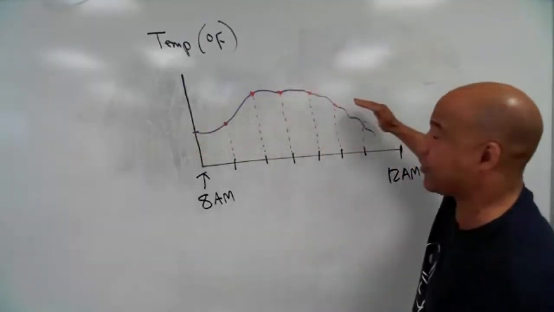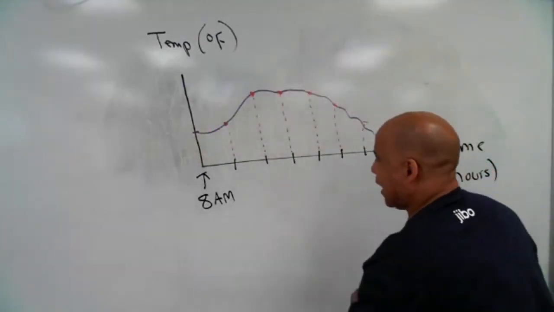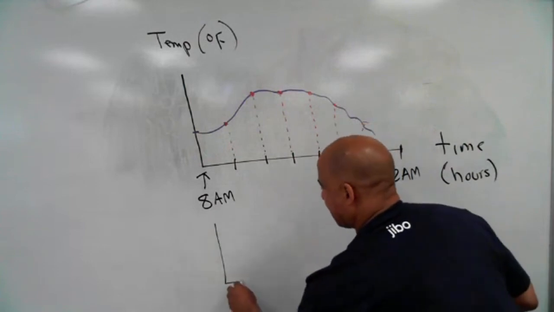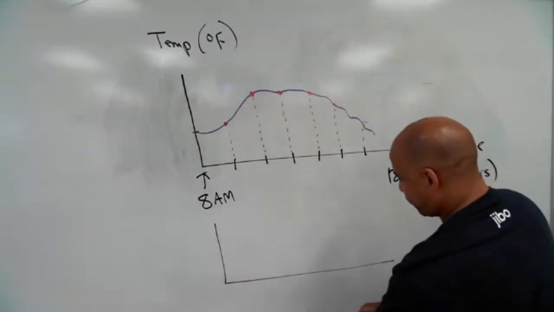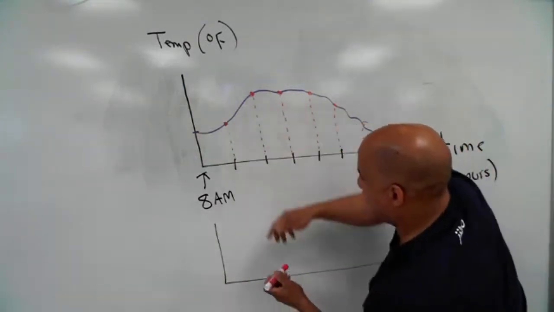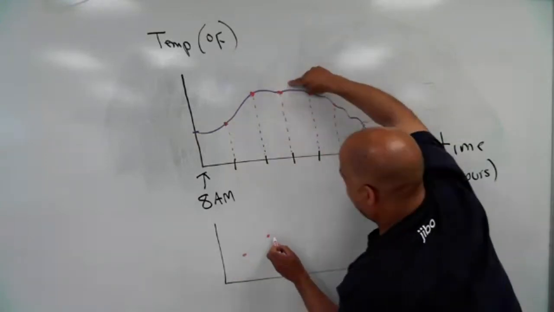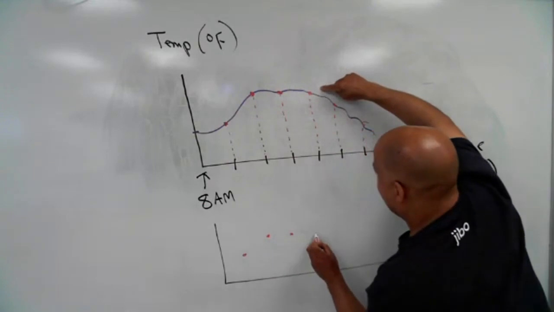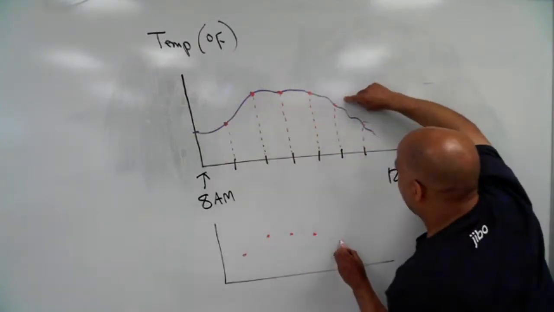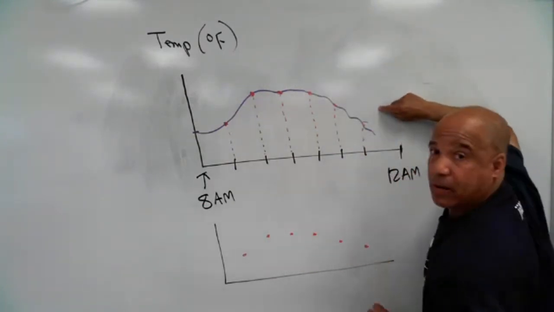Instead of a nice continuous graph like that, you'll end up with a data point here, a data point here, a data point here, and so on.